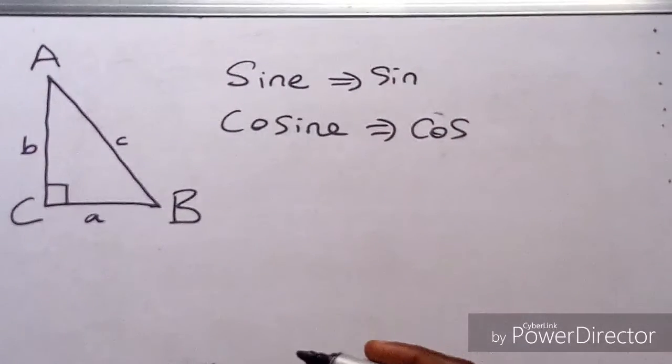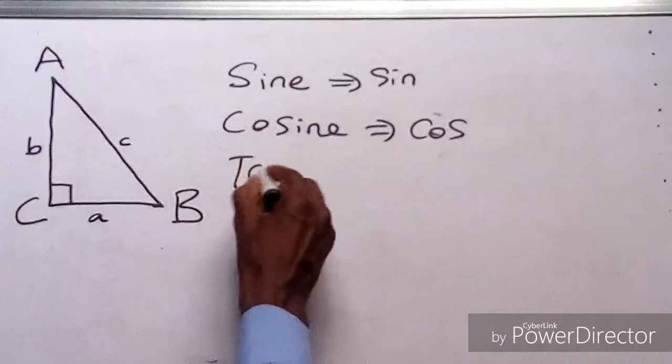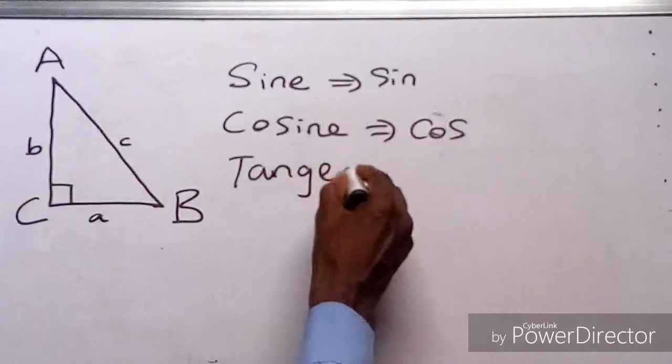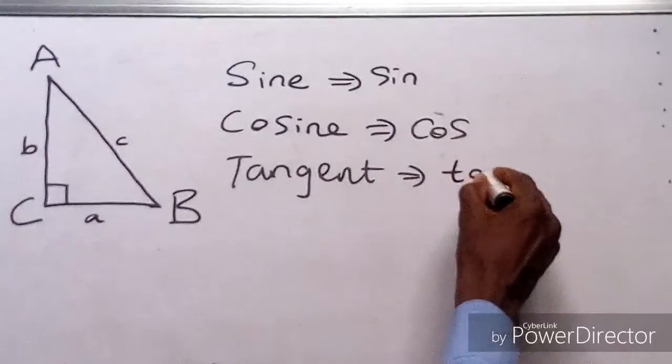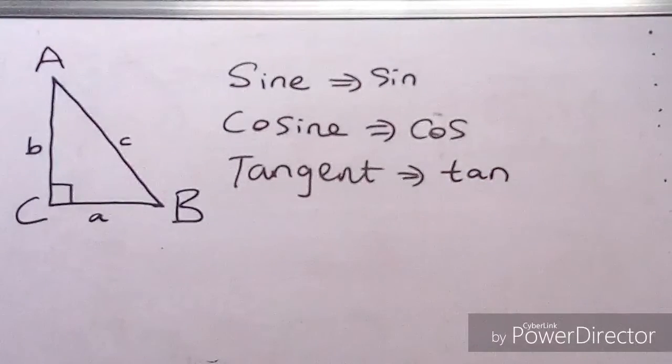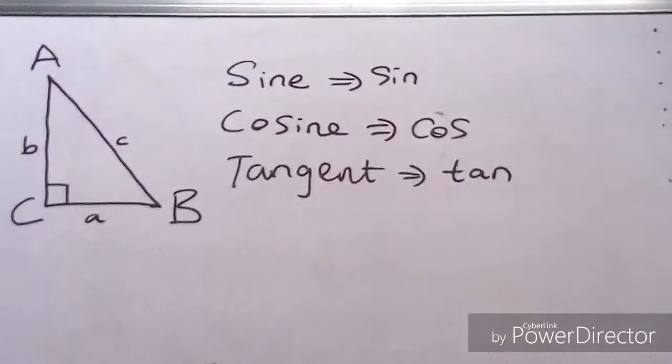And then we have a tangent, abbreviated as tan. Of course, the other 3 trigonometric ratios are actually the reciprocals of these 3 which we are looking at.